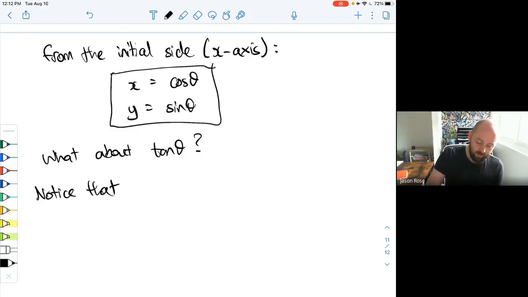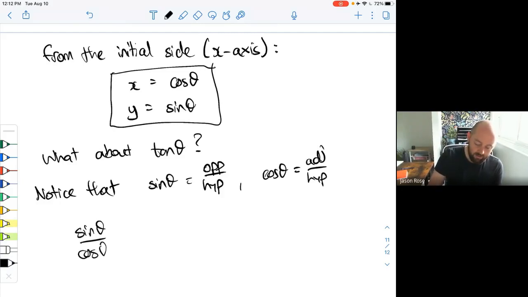Okay, so notice that, let's say sine theta was the opposite over the hypotenuse and cosine theta was the adjacent over the hypotenuse. So sine theta over cosine theta would be opposite over hypotenuse divided by adjacent over hypotenuse.